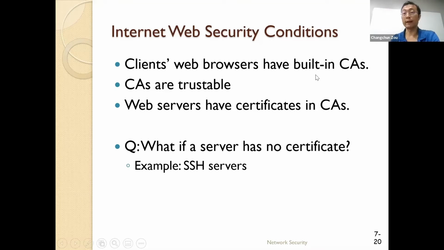Secondly, client web browsers have built-in CAs, basically the CAs' public keys. Of course, suppose there are hundreds of certificate authorities. The browser does not need to hard code all these hundreds of certificate authorities' public keys in the browser code. The certificate authorities also use a root tree-like structure.